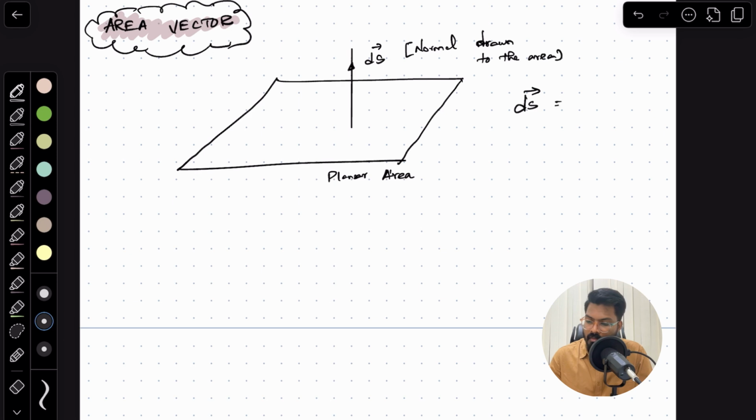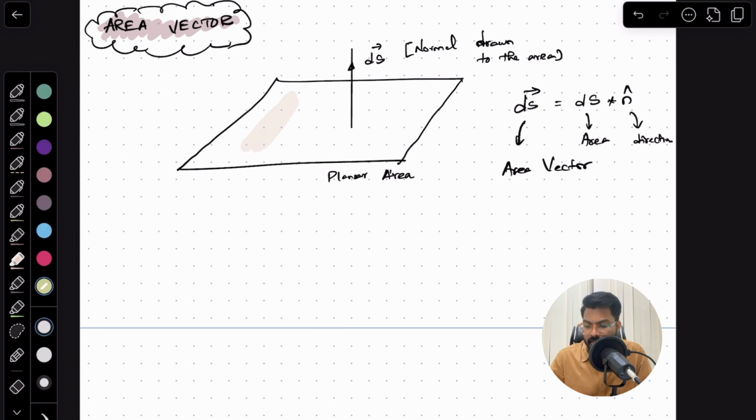So this is called area vector. I am representing the area as a vector. So this ds gives the area and this n cap gives the direction. So what we have done is represent this planar area by a vector now.